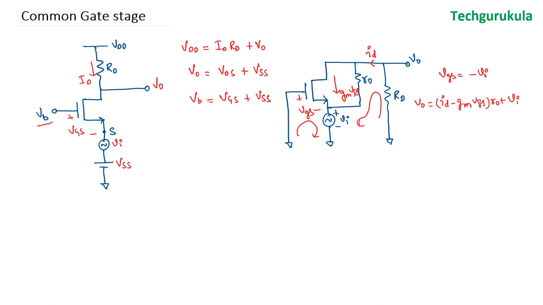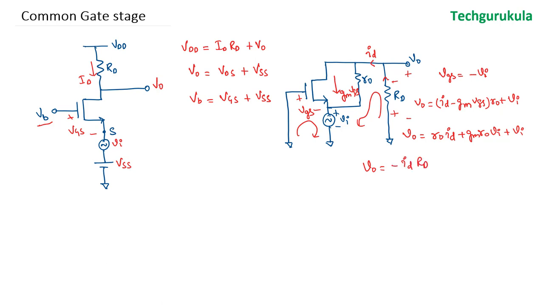Now we know what is VGS, which is equal to minus VI. Let's substitute that here. V0 is equal to R0 ID plus GM R0 times VI plus VI. Now another thing, that ID will be the same ID flowing through RD also, where we will have potential like this, but the reference output potential is opposite. Hence we write V0 is equal to minus ID RD.